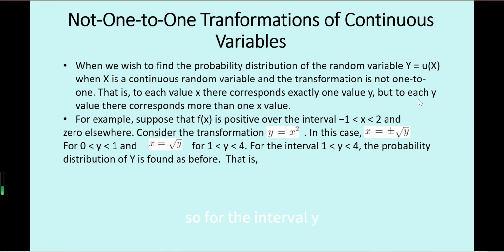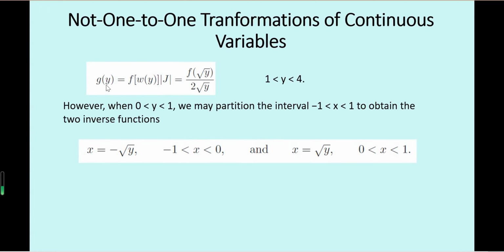So for the interval y between 1 and 4, the probability distribution of y is found as a one-to-one transformation. That is, g(y), the distribution of y, is f(x), the distribution of x, but we put the inverse of x in terms of y here.